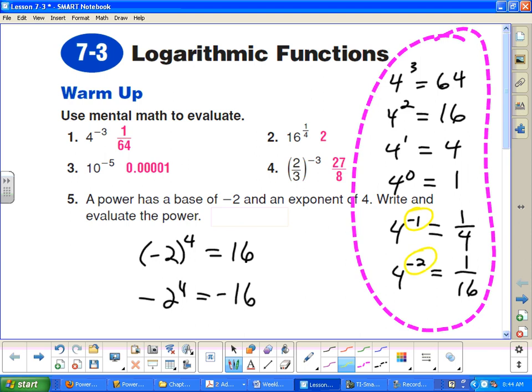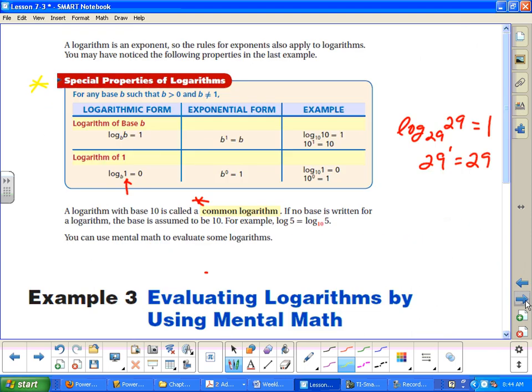So we look at the denominator and say, what's my base raised to what power gives me the denominator? For instance, this denominator here is 16. So I would say, 4 squared is 16. Since it's 1 over 16, I would say it's negative 2. 4 to the negative second is 1 over 16.